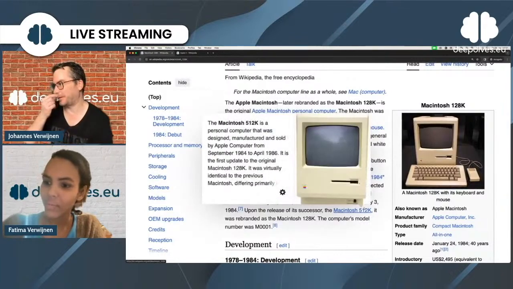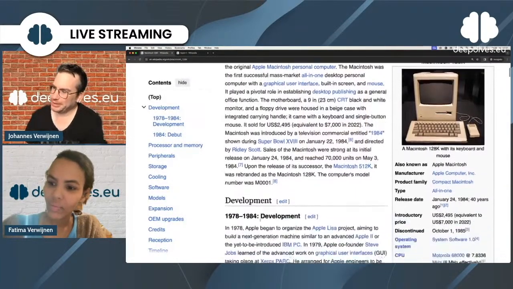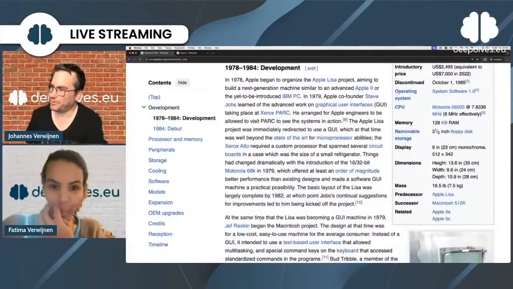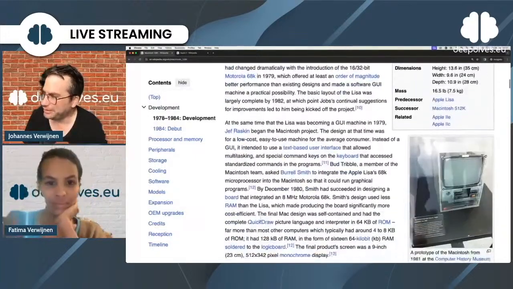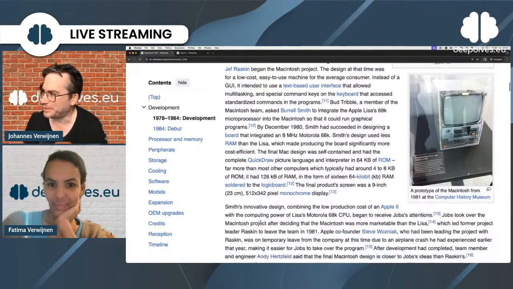Right. And somehow they were able to change some of the parts and make very good marketing. And Apple, as we know nowadays, is basically thanks to the Macintosh.